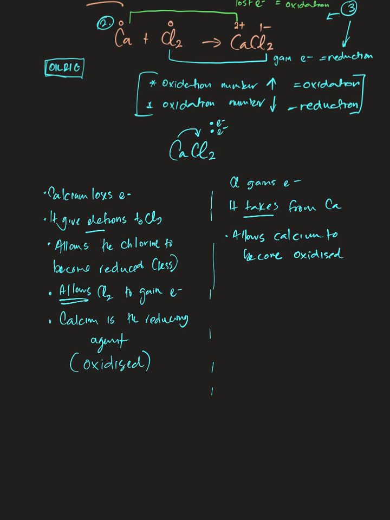And by allowing that, it allows Ca, calcium, to lose electrons. And by allowing such a thing, we can say that chlorine is the oxidizing agent because it was reduced.